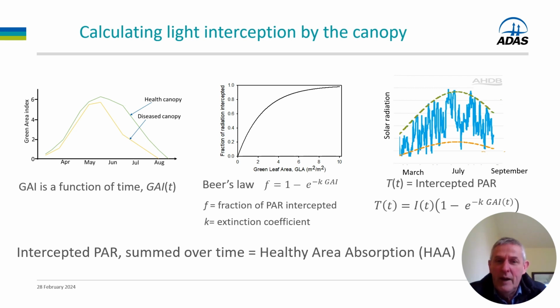And on that day, we could measure the amount of sunshine that was available to the crop. And that would allow us to calculate exactly how many megajoules of photosynthetically active radiation the crop would have intercepted on that particular day. And then we could add up those amounts over a period of time. And that would give us a measure which is known as healthy area absorption, or HAR.